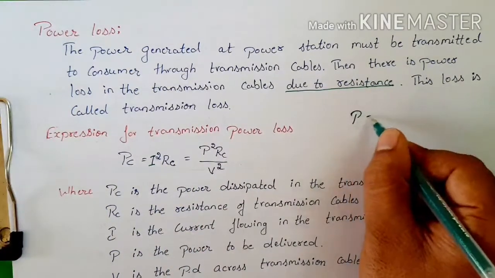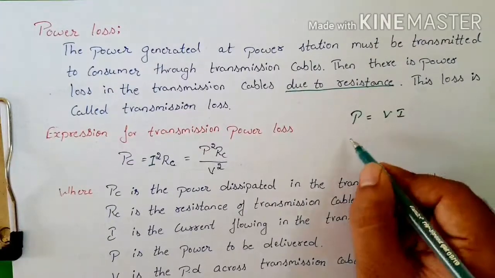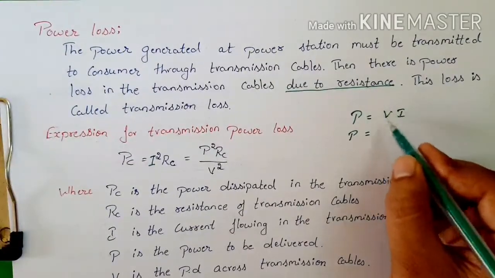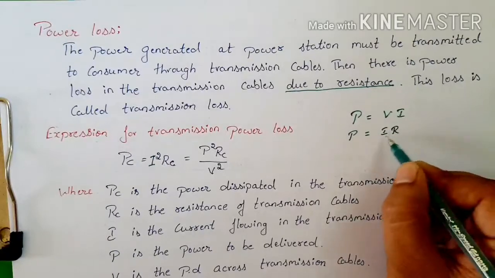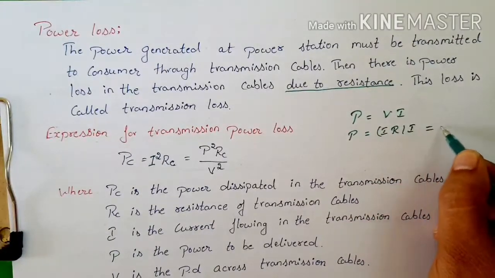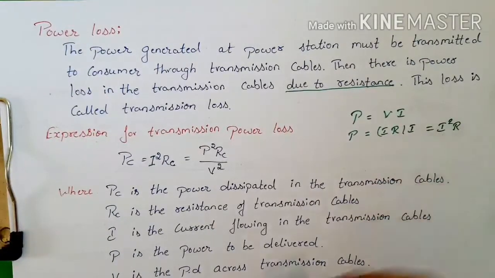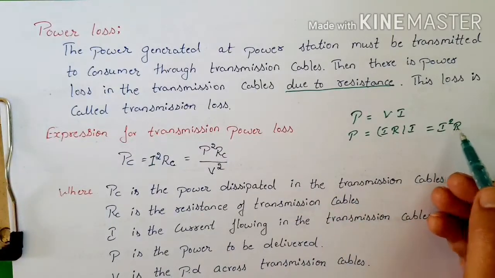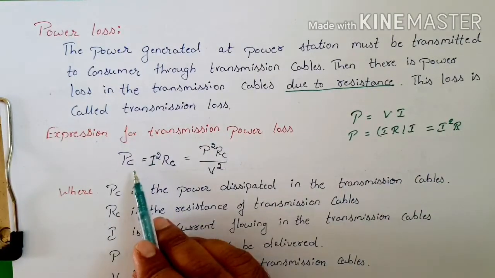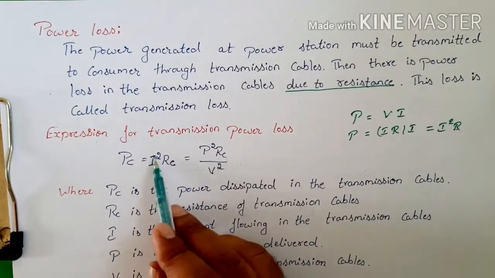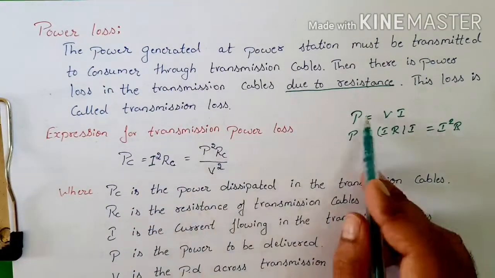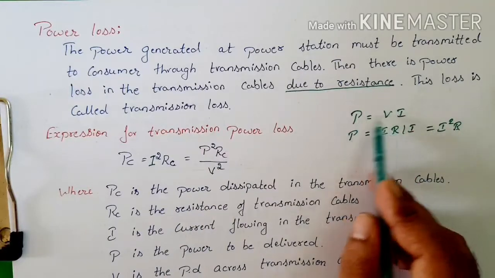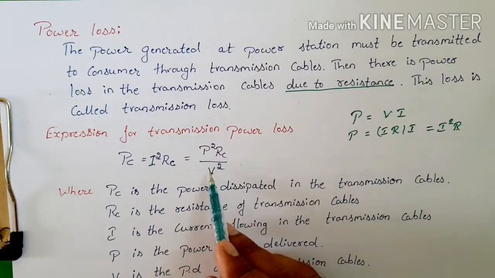Observe, we know the formula P is equal to VI, and by using Ohm's law, I can write V as IR, into I, that becomes I square R. So P is equal to I square R, which I am using for the power loss in the transmission cable. And I can also write I as P by V because P is equal to VI, correct? So it comes as P square RC by V square.